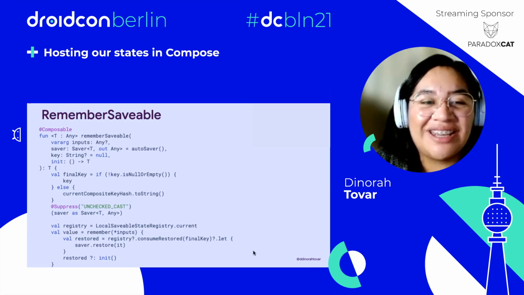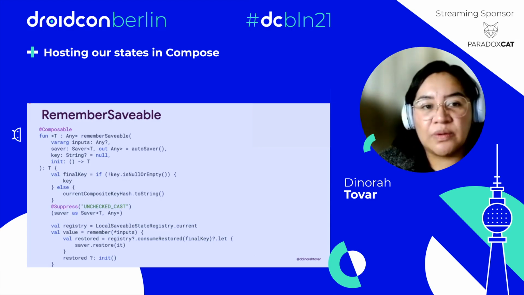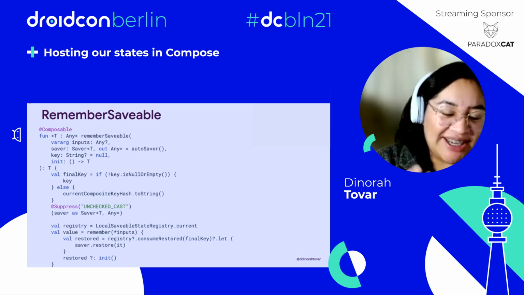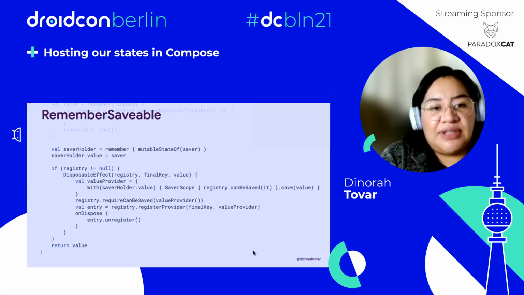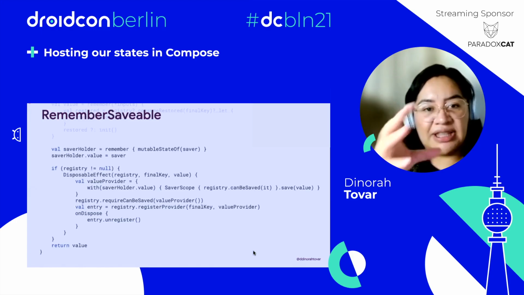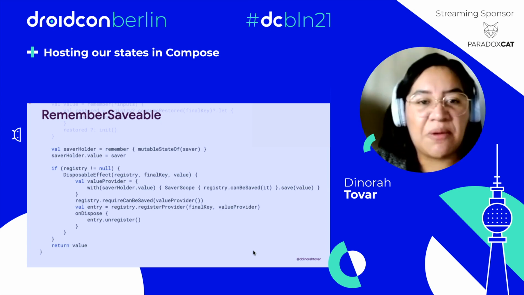In reality, you can just use rememberSaveable. It depends on what you want to do with your UI. I would suggest you use this and make sure that you are using it consistently, because at the end of the day, it will help you dispose of the values that you don't want, or maybe the values that are missing that you ended up throwing away.